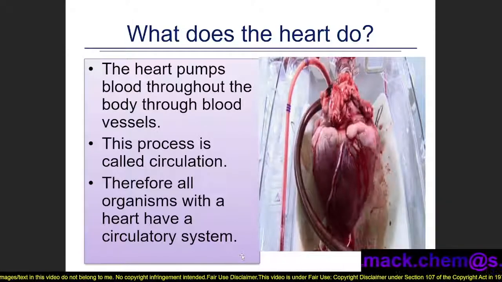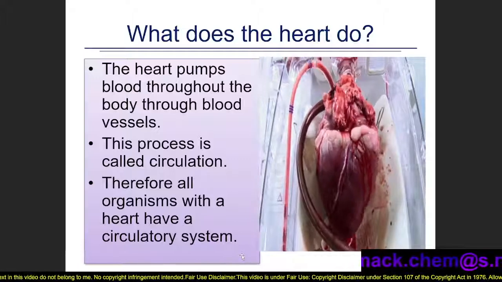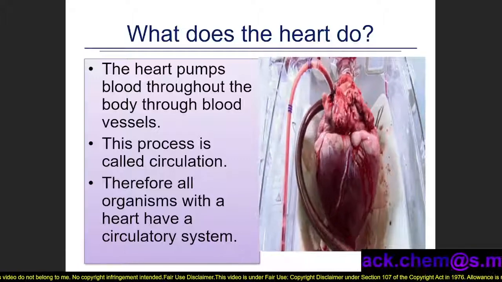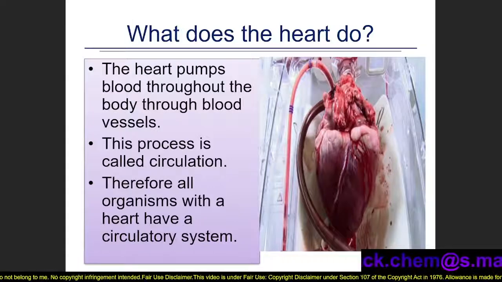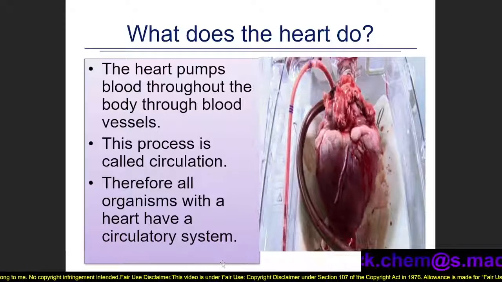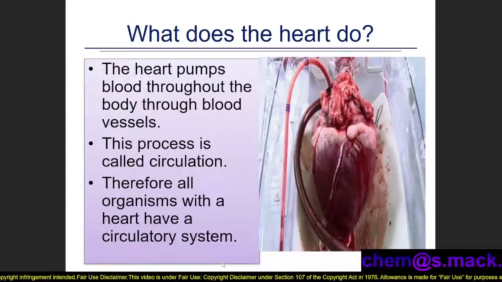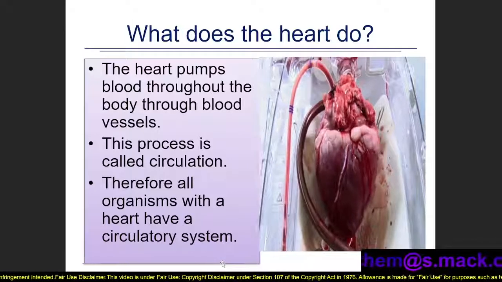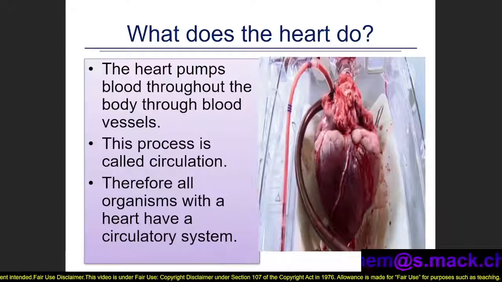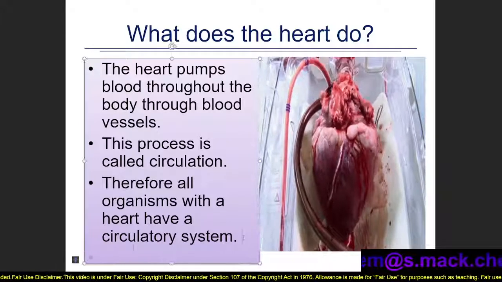You have to also take note that we are looking at the heart in the human body, and this system that we use is called a double circulatory system. Alright, so I'll add that in. Here we go.